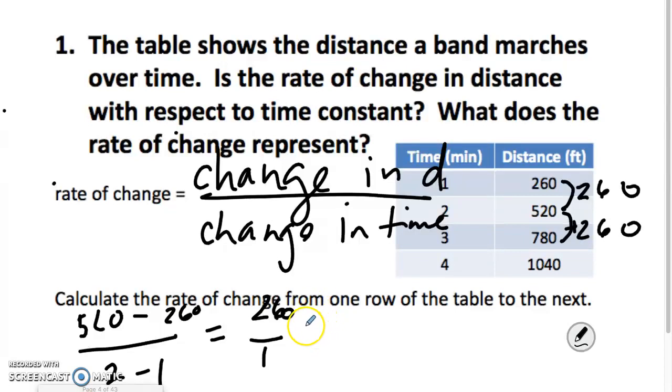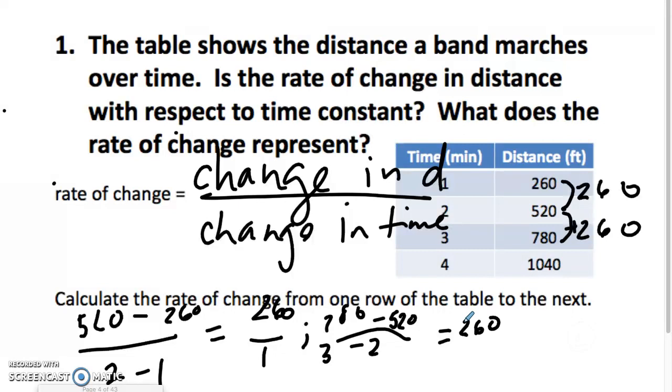So let's try it again going from minutes 2 to 3. At 3 minutes, my band has marched 780 feet minus, from 2 minutes, 520 feet, all over my change of time, which is 3 minus 2. What's 780 minus 520? 260 over 1.